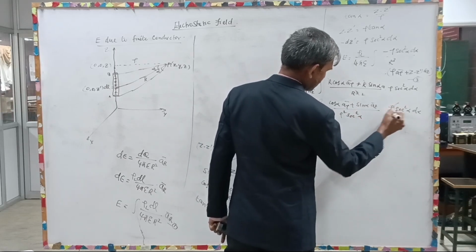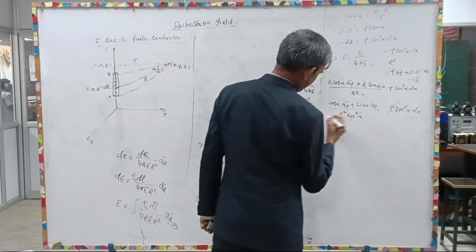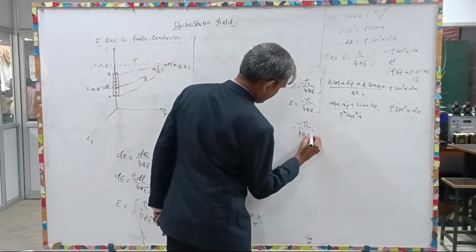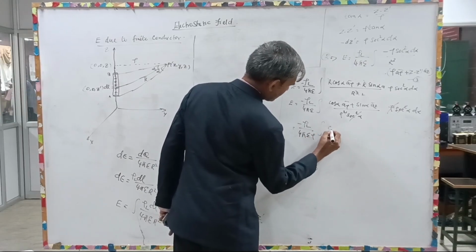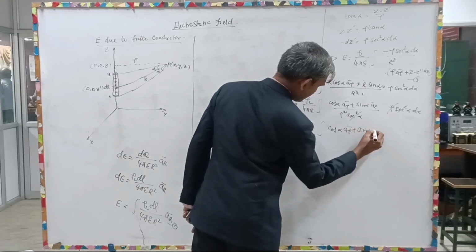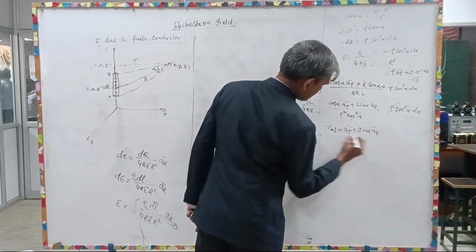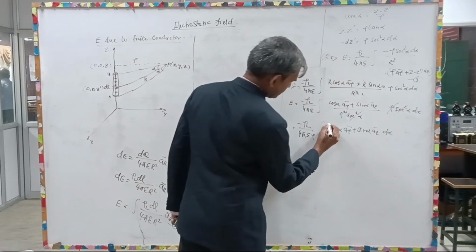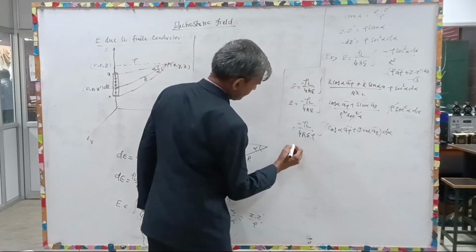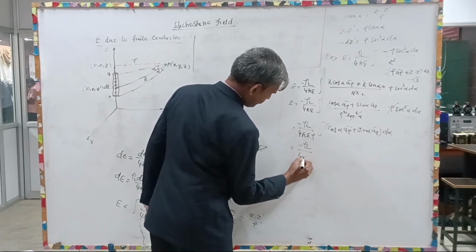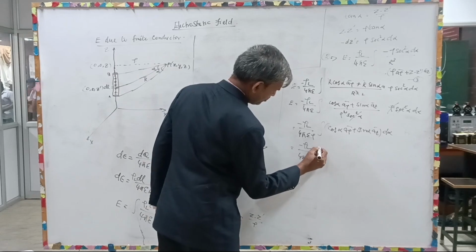So this will be cancelled. So minus rho L divided by 4 pi epsilon into rho, integral of cos alpha a_rho plus sin alpha a_z into d alpha.